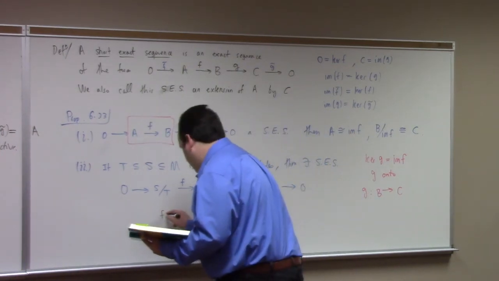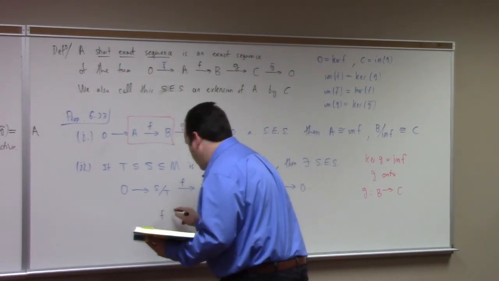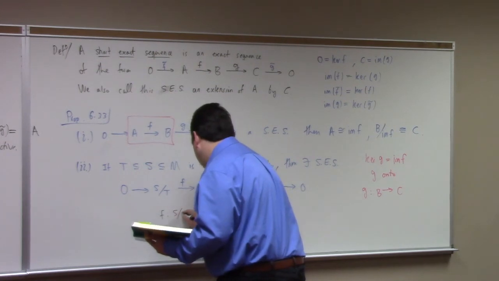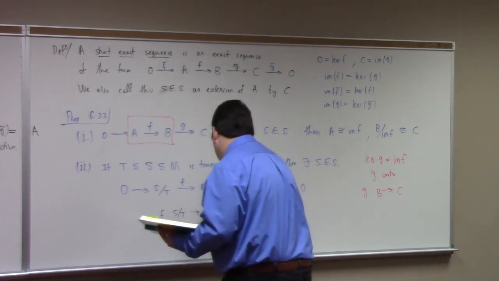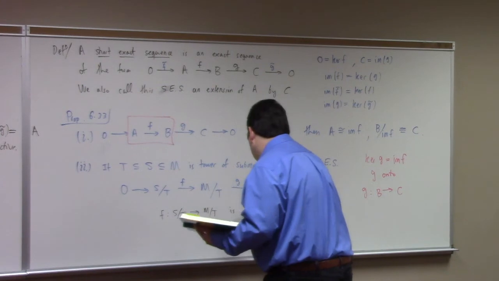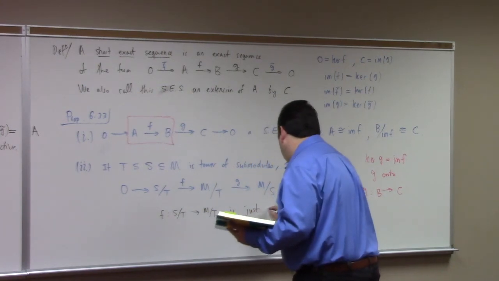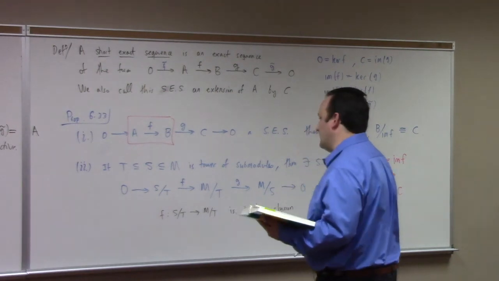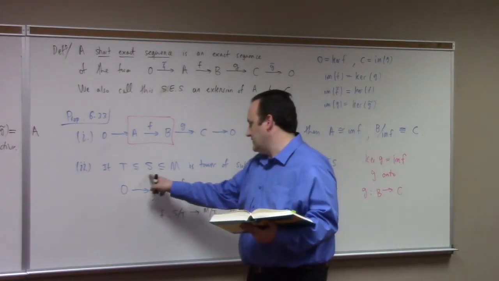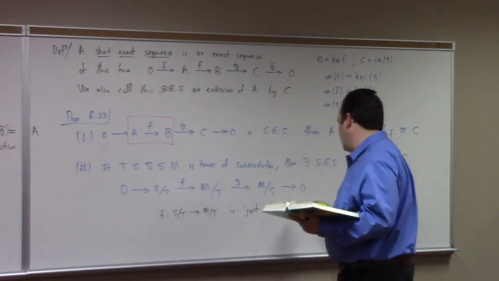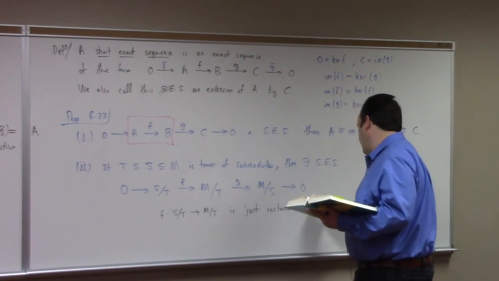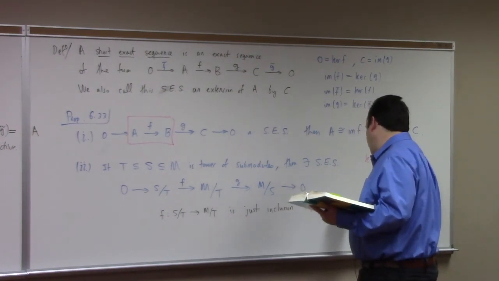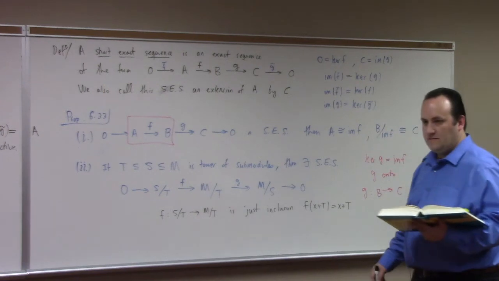So he says F is just inclusion, which makes sense because S is a submodule of M, so we can just say F of x plus T equals x plus T. That makes sense, right?